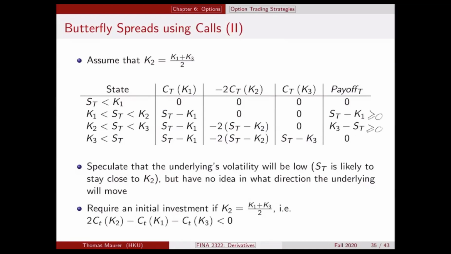And therefore, in this specific case, the initial cash flow over here has to be negative, such that there is no arbitrage. At the end of the day, this butterfly spread is a speculation that the price of the underlying asset ends up close to K2. So that's where you receive a payoff close to K2 minus K1.